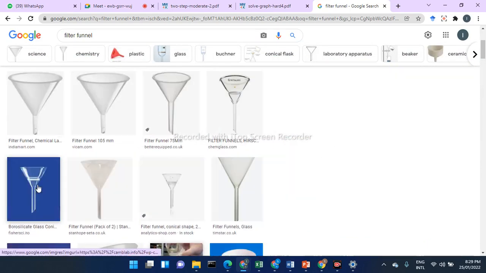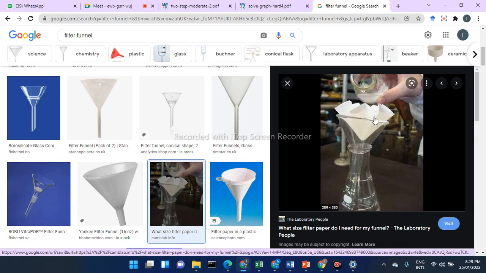This is a good example. Here we have filter paper, and this apparatus is inside what? A conical flask. So we have this filter funnel inside this conical flask with the filter paper.